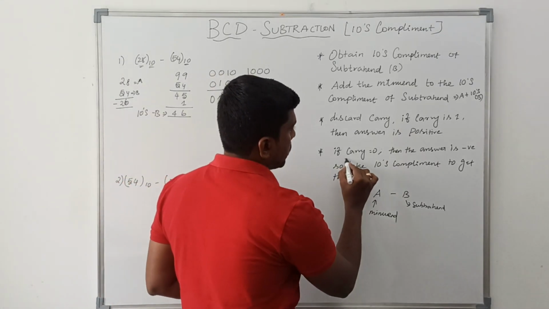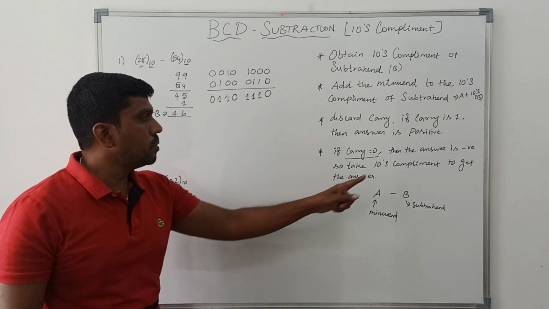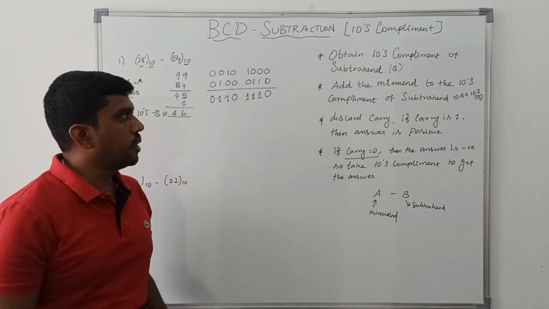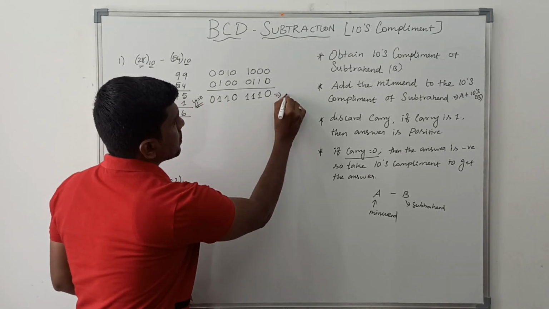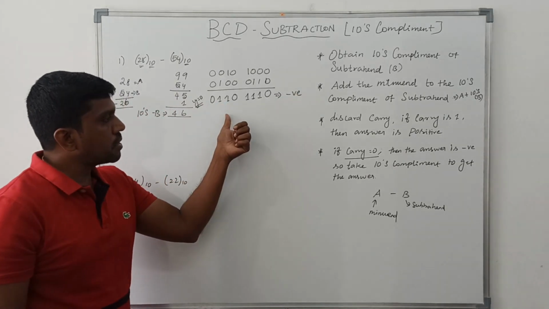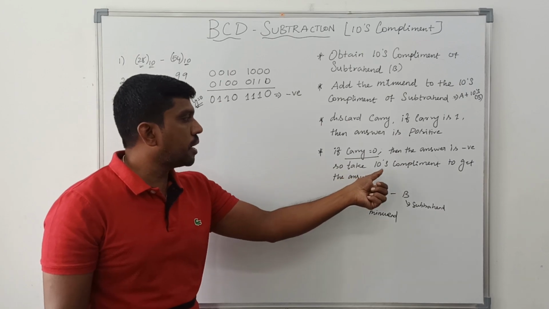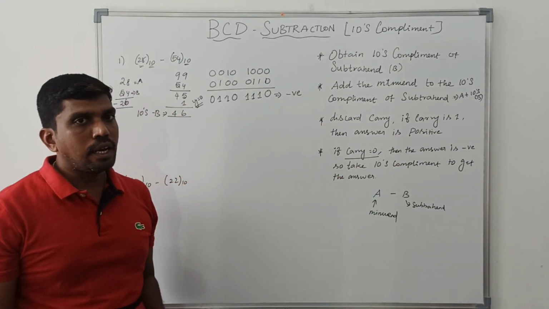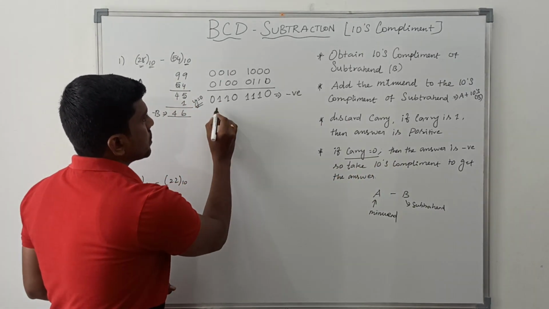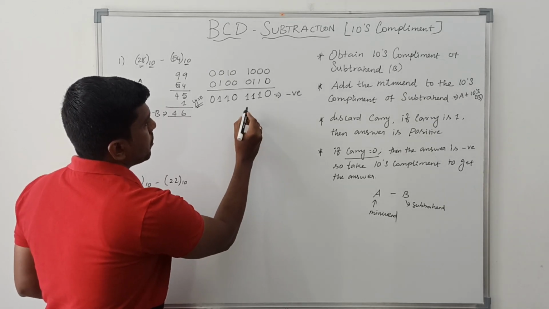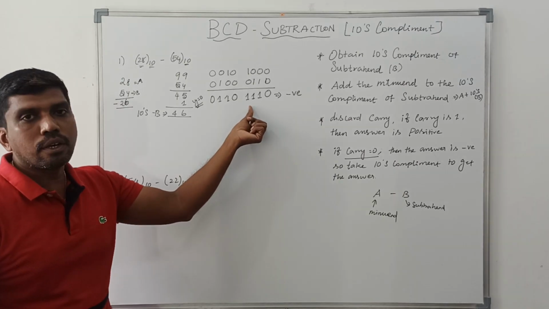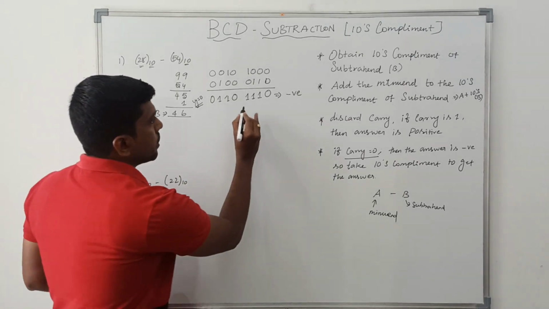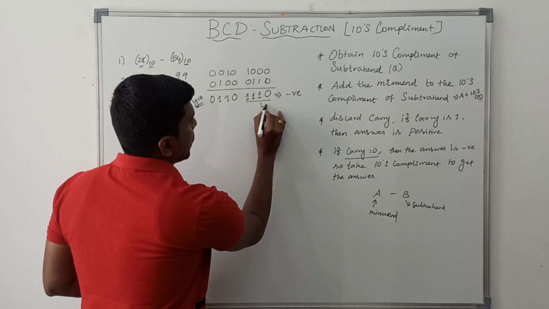If carry equals 0, then the answer is negative. If the answer is negative, you take the tens complement to get the answer. So here you take the tens complement of this value. Before that, you check whether both 4-bit values are valid BCD or invalid BCD. Here this 4-bit value is invalid BCD.